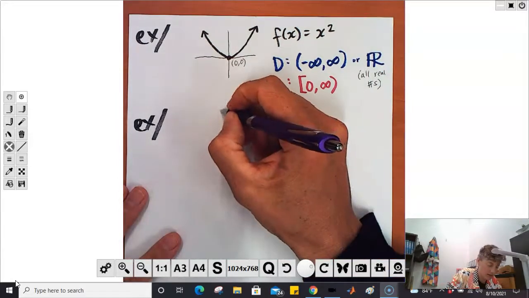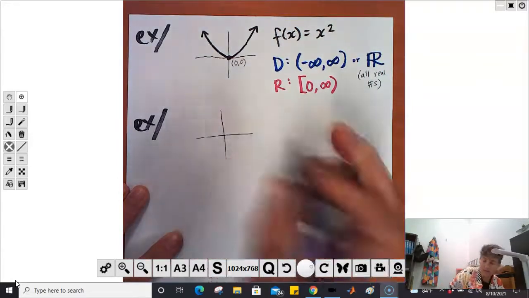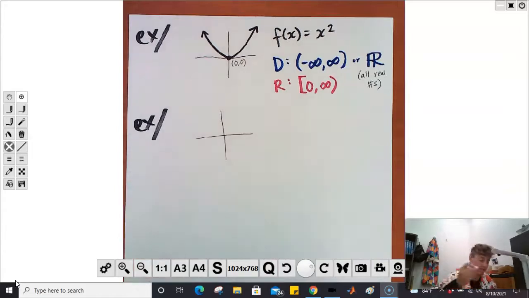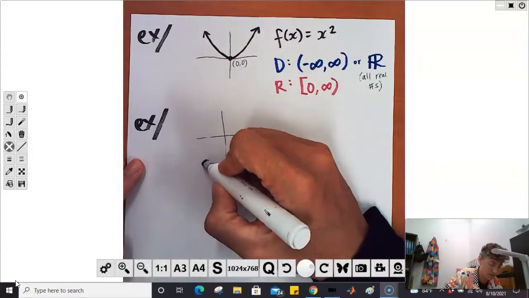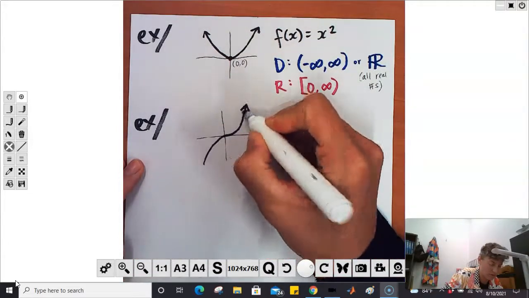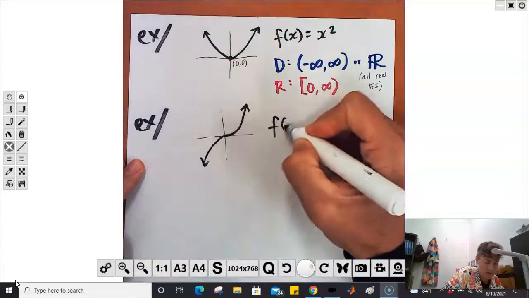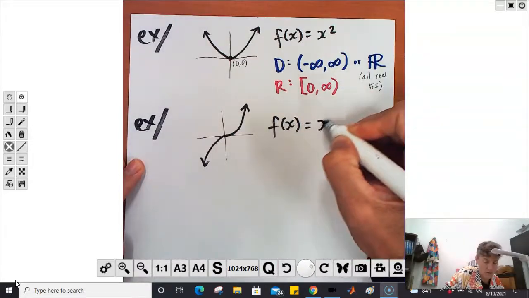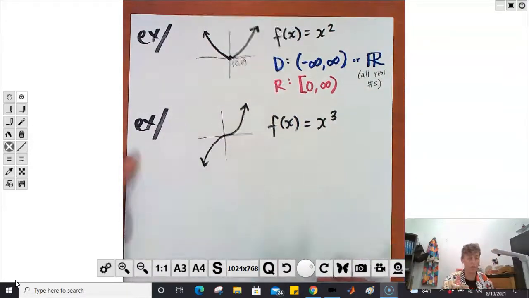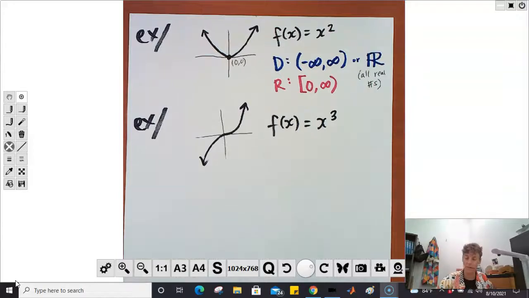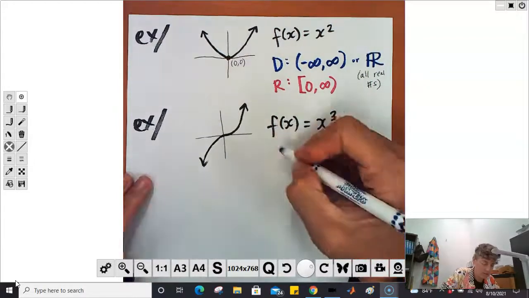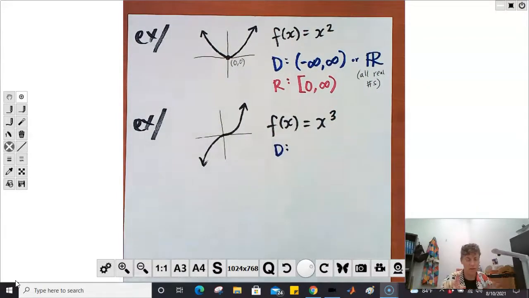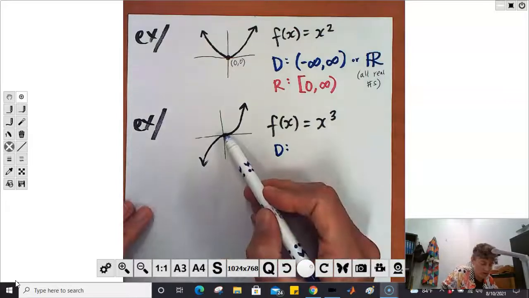Let's draw our axes. Again, I'm not going to label anything. I'm going to put a cubic function on here. Our cubic function, that's f of x is equal to x cubed. Let's talk about the domain. Left and right. How far to the left do we go?